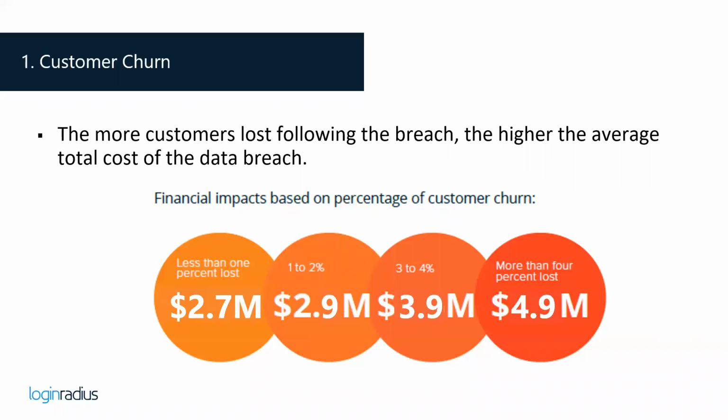In 2018, if a company loses less than 1% of customers post breach, their cost comes down to just under $3 million. However, if they lose more than 4% of customers post breach, it really doubles that number.